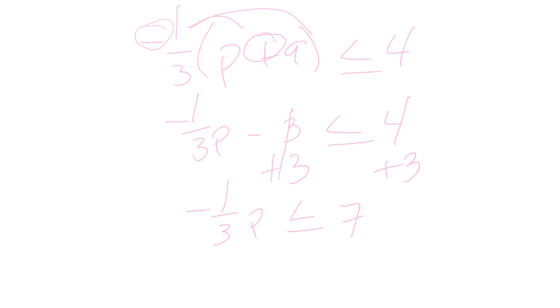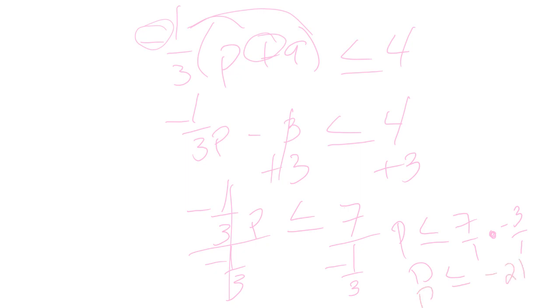And then we're going to need to divide both sides by this negative 1/3. So again, remember, we divided by a negative, so we're going to have to flip our sign here at the end. So dividing a fraction, keep, change, flip. We're going to end up with p is less than or equal to 7 over 1 times negative 3 over 1, which is just p is less than or equal to negative 21.